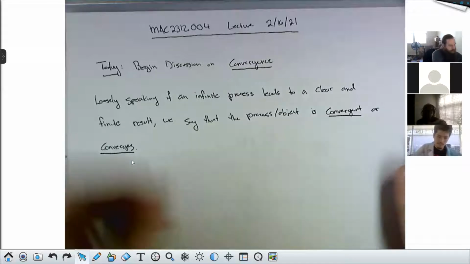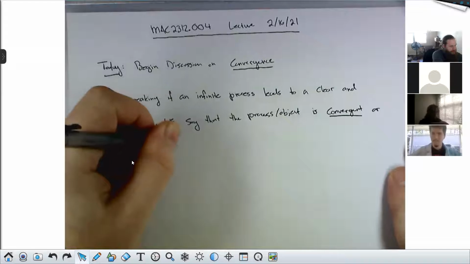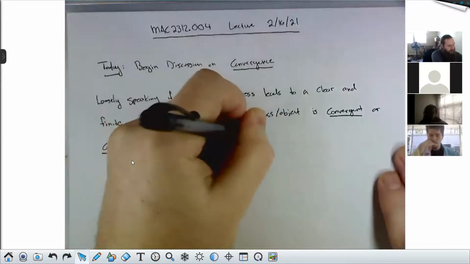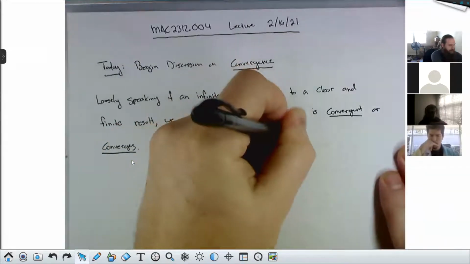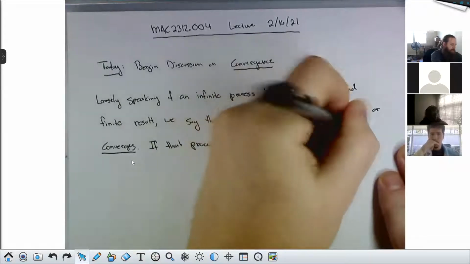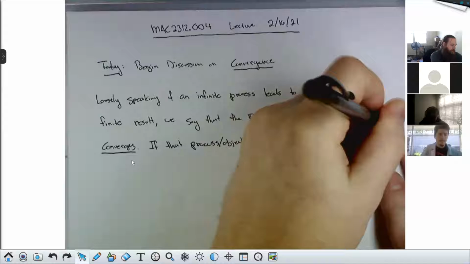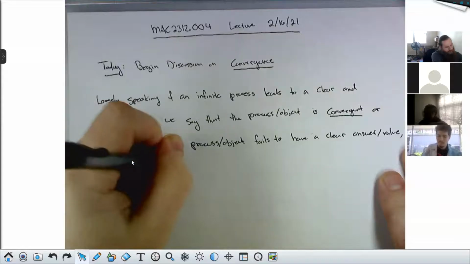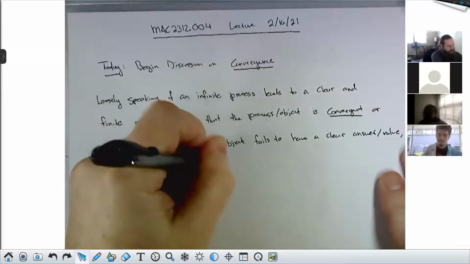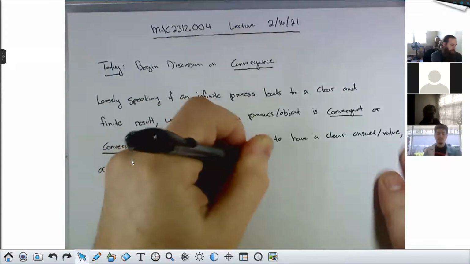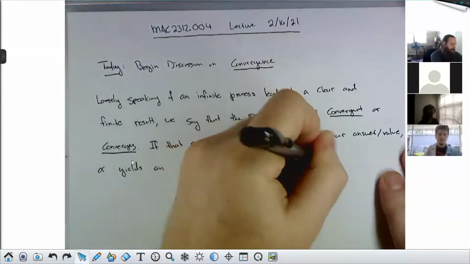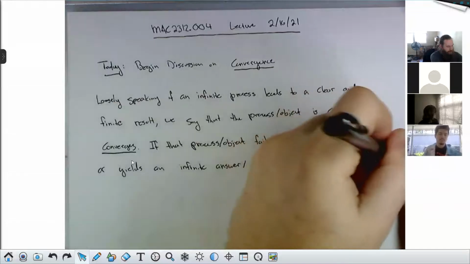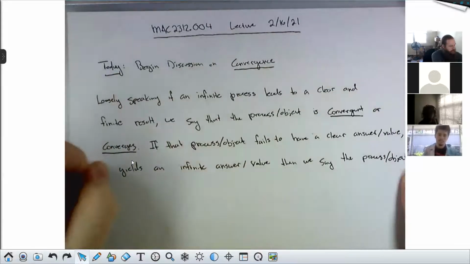The converse: if that process or object fails to have a clear answer or value, or yields an infinite value or answer, then we say that the process or object is divergent.